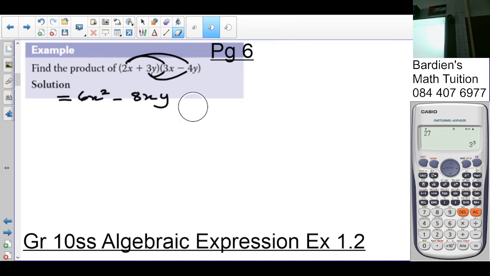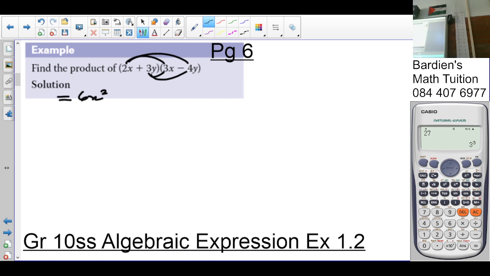So what they do is they say the first times the first, and then 2x times negative 4y, which is negative 8xy, and 3y times 3x gives you positive 9xy, which in turn gives us positive xy minus 12y squared.